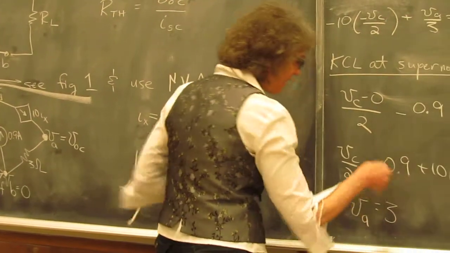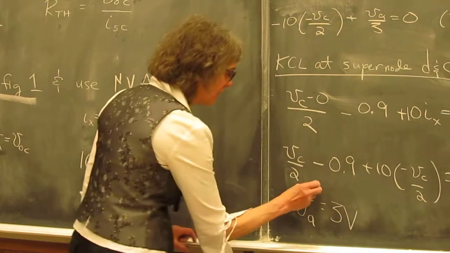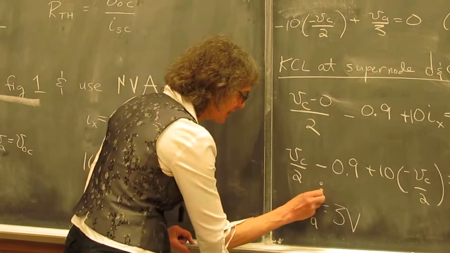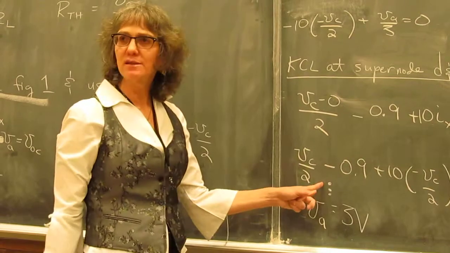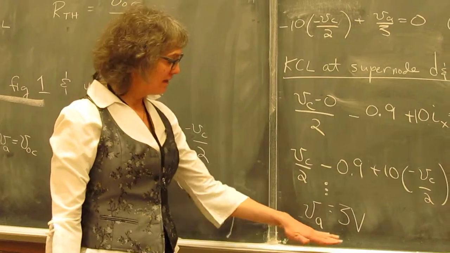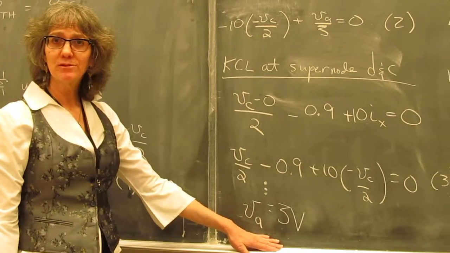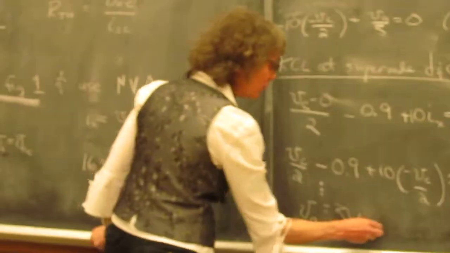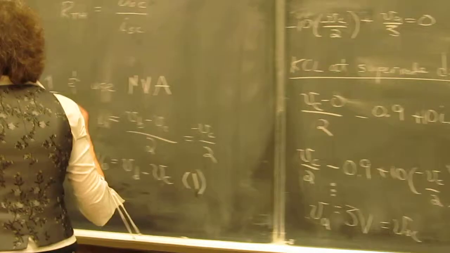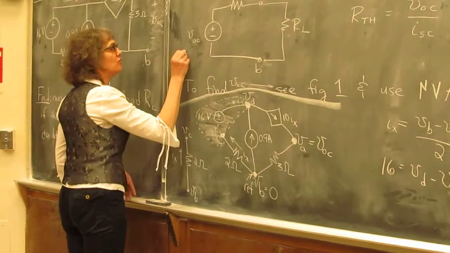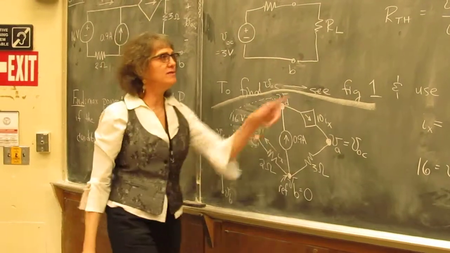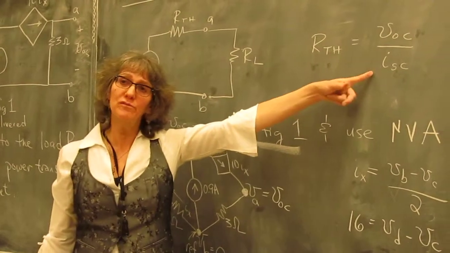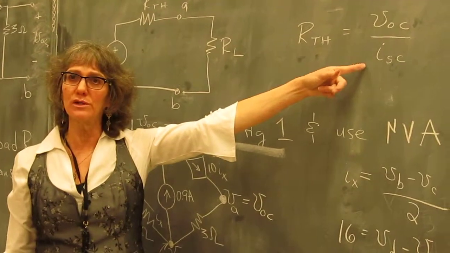You solve these 3 equations and 3 unknowns, and I often show that by dot, dot, dot, math, math, math. And you end up with VA is 3 volts. Great. Which, by the way, is exactly what I'm looking for, VOC. So I have found VOC. VOC is 3 volts. I'm halfway there. Remember, I also need to find the short circuit current.